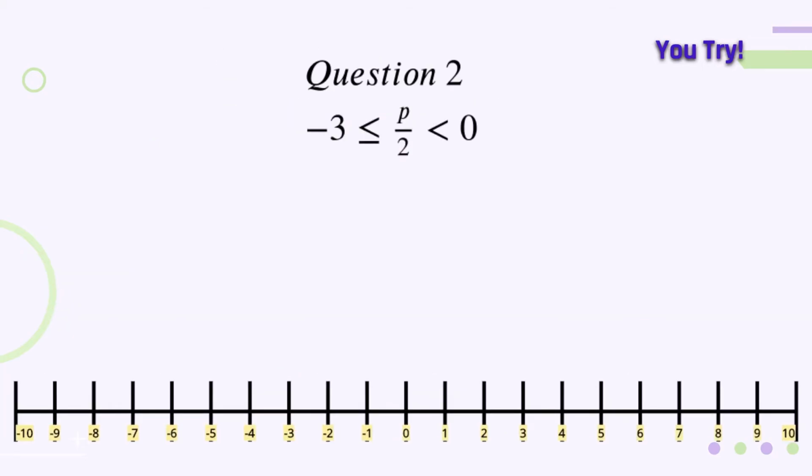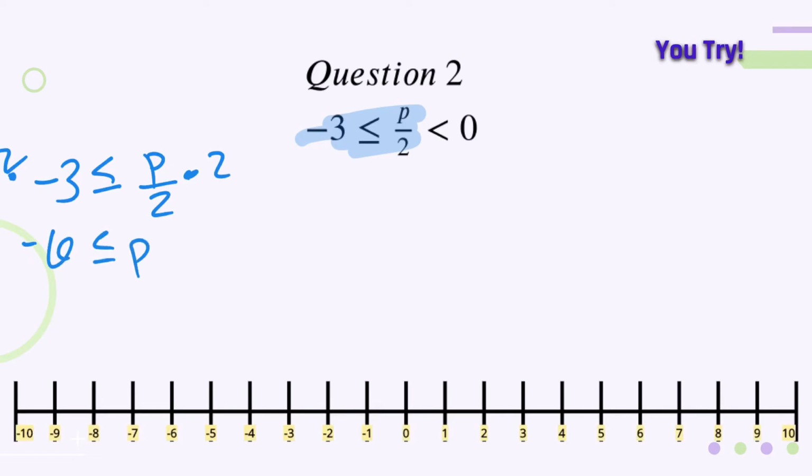For this next example, we're going to do this inequality first. So I'm left with -3 is less than or equal to p over 2. Multiply both sides by 2. I'm left with -6 is less than or equal to p. But I have to flip my expression because p is on the right-hand side and I need it on the left.